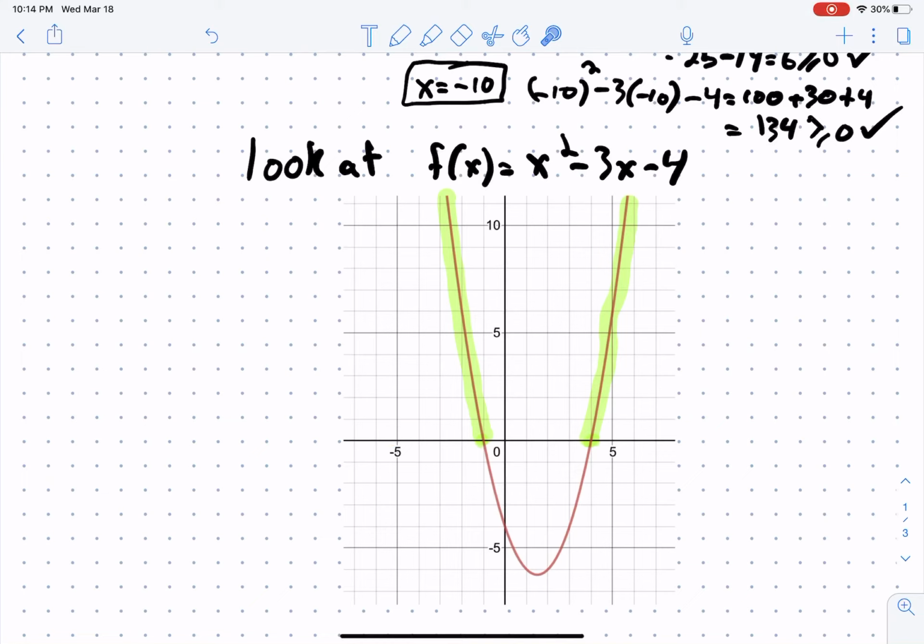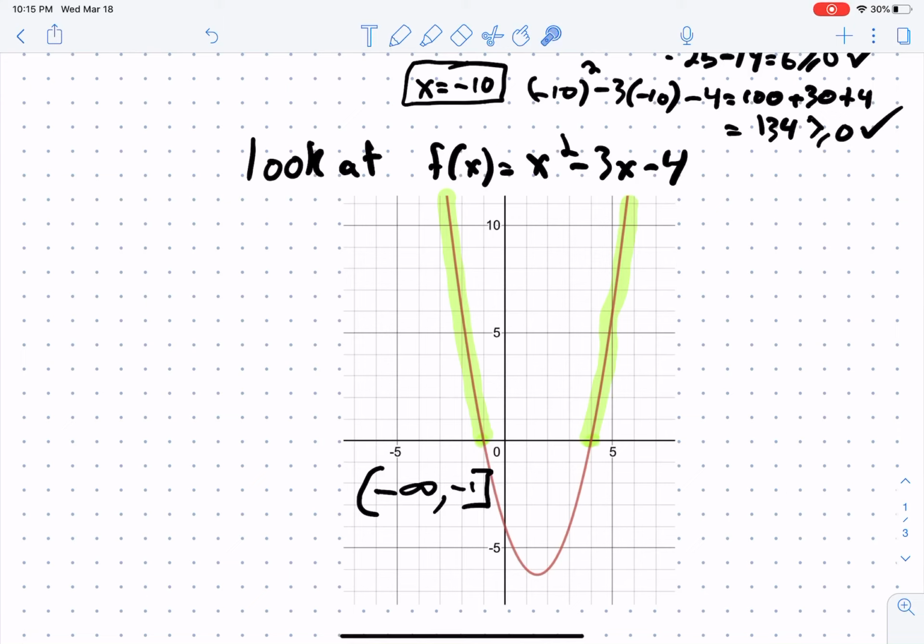What parts of the x-axis give us the parts of the function that are above the x-axis? Any x starting here at x equal -1 and going any way to the left is going to give us things above the x-axis, and that is the interval -∞ up to -1. Now, I'm including -1 because when we plug -1 into this function, it gives us 0.